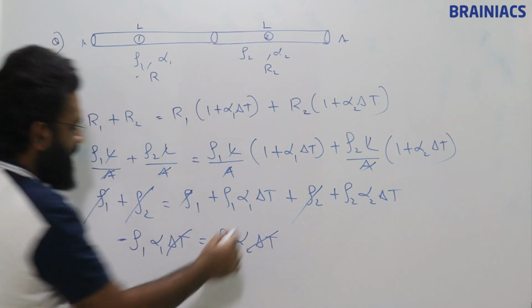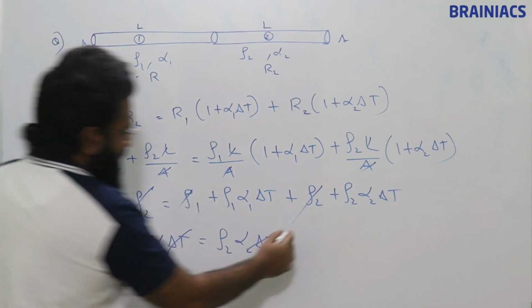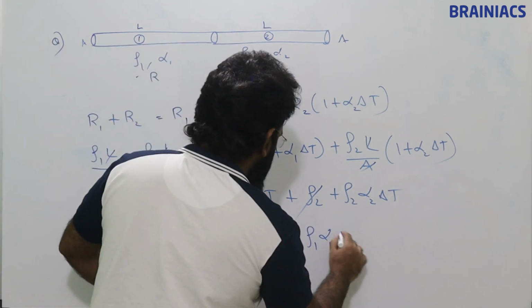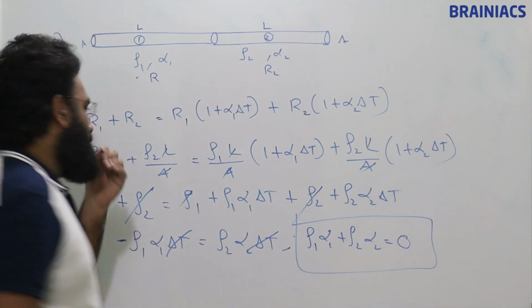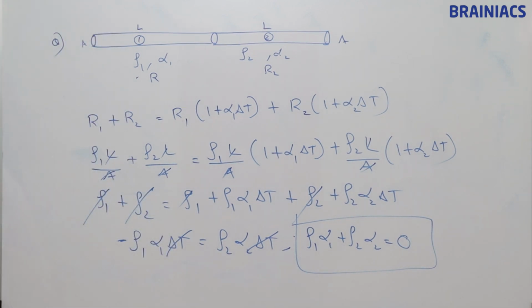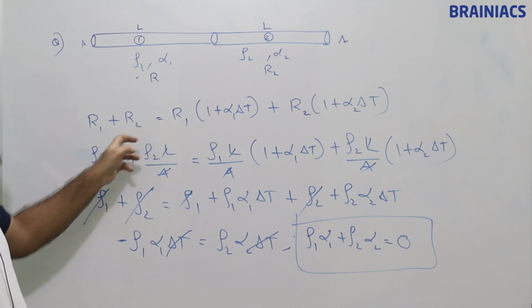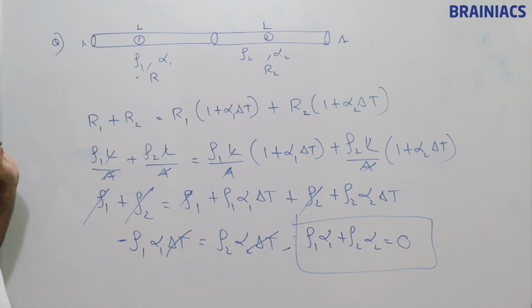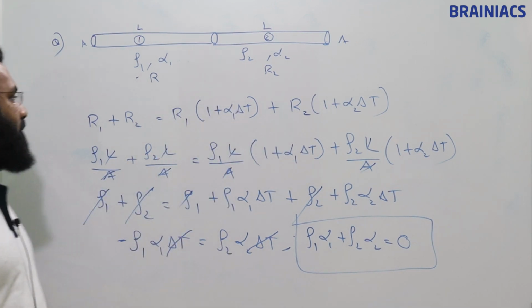Now this delta T will be cancelled off. So what is the answer? This will go to that side. This is equal to 0. Rho 1 alpha 1 plus rho 2 alpha 2. Okay, so understood, right? In this formula we replace it with the rho L by A. All L, L, A, A, everything cancelled off.